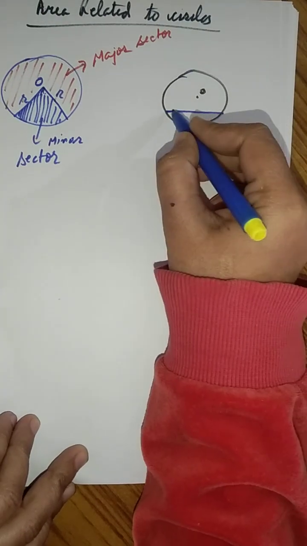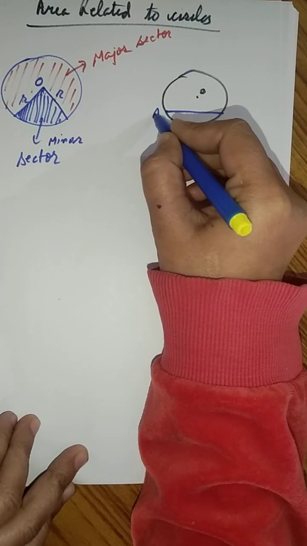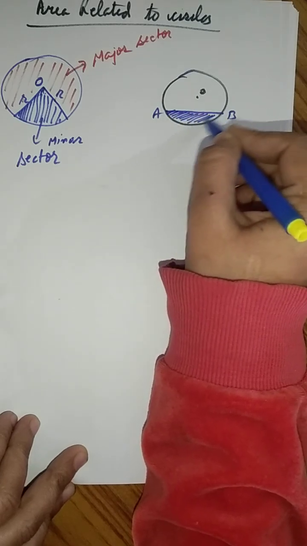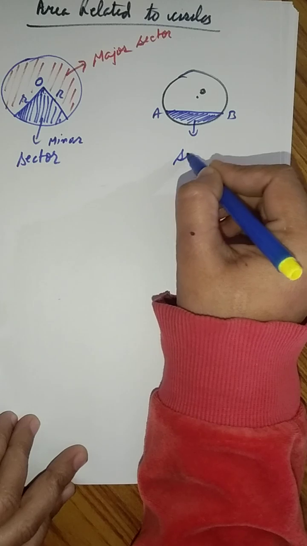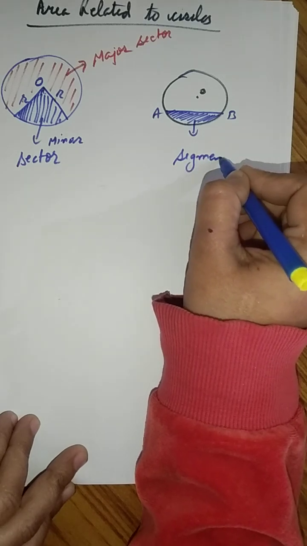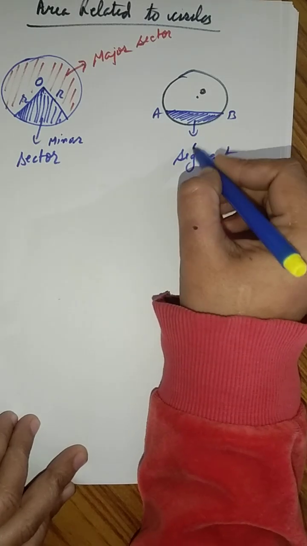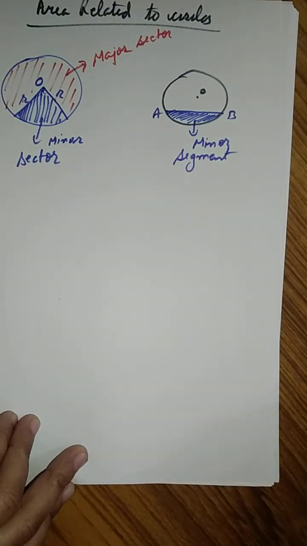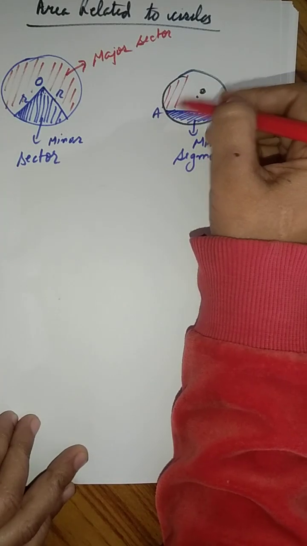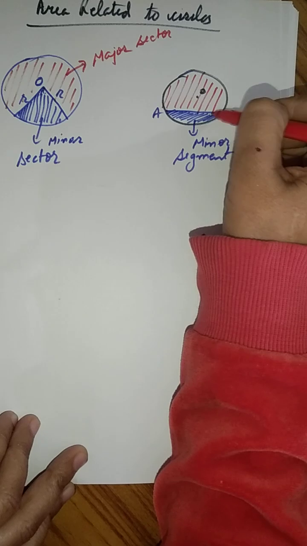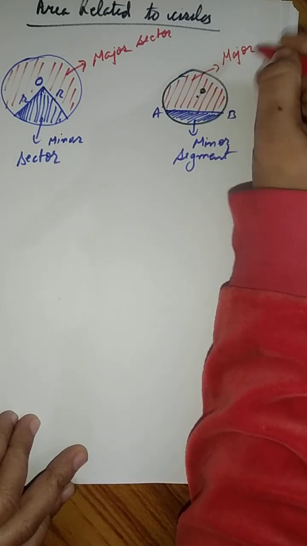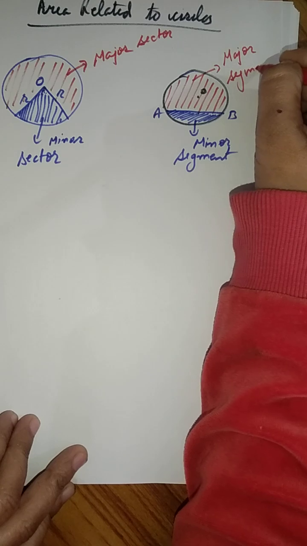Suppose AB is the chord of the circle, and this shaded region is known as the segment of the circle. This is a minor segment because it is a minor region, and the remaining portion is the major segment.